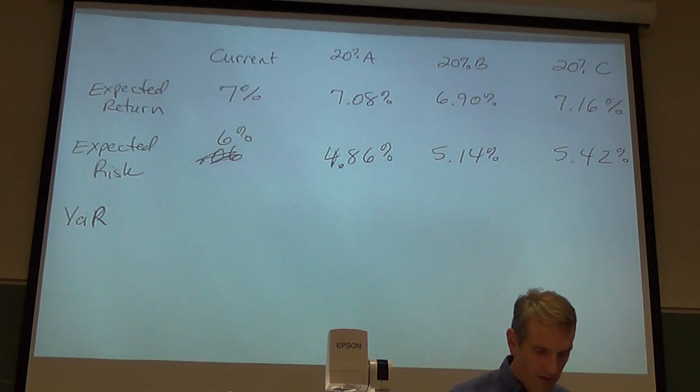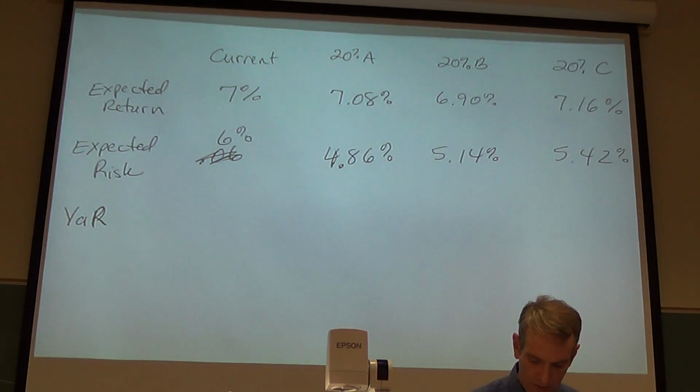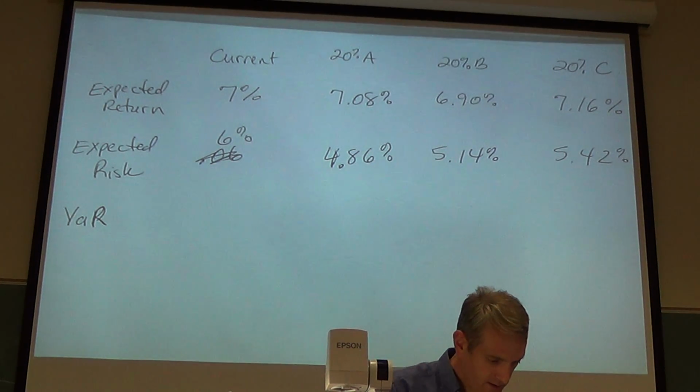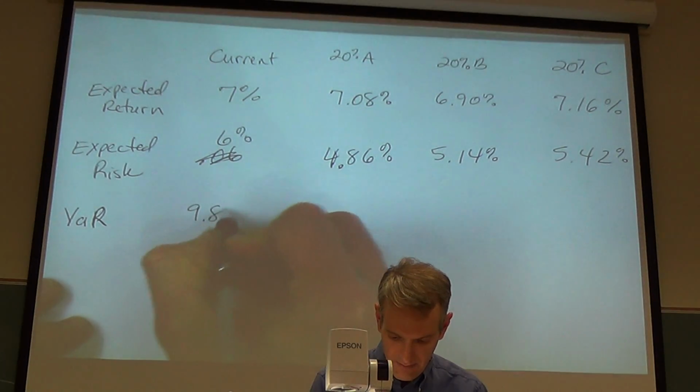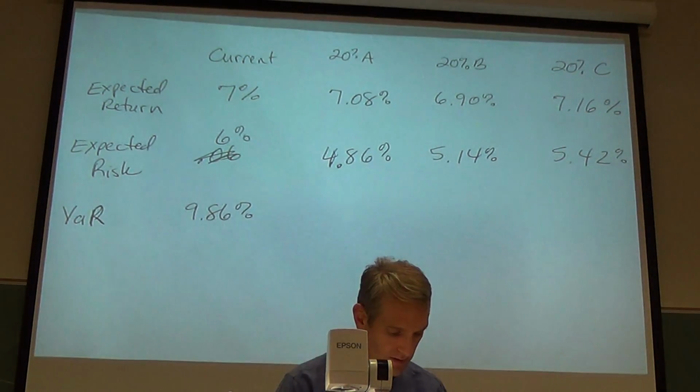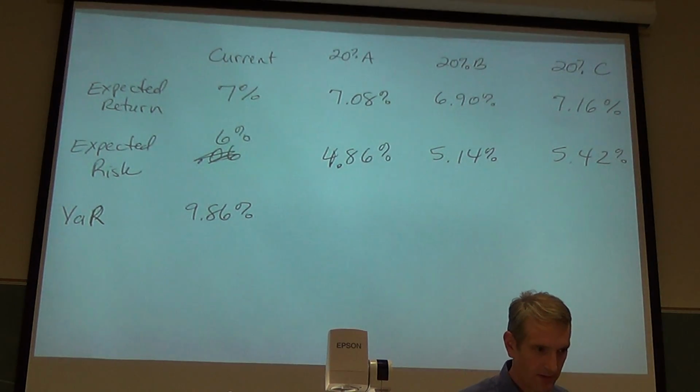So for the current, we have 0.07 minus 2.81 times 0.06. And that gives you a VaR of 9.86. Does that sound right? Y'all correct me if I don't have it.